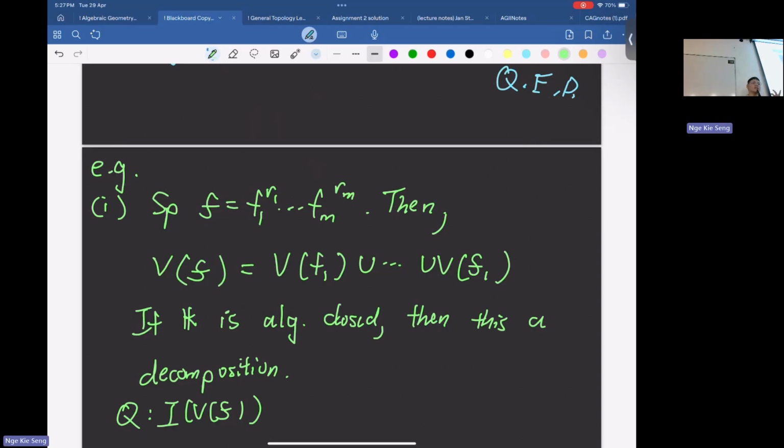What functions get killed at this point? Actually, it's more than the ideal generated by F. You could look at the ideal generated by F1 multiplied up to Fn. You take a point, put it here, evaluate it, you get 0.